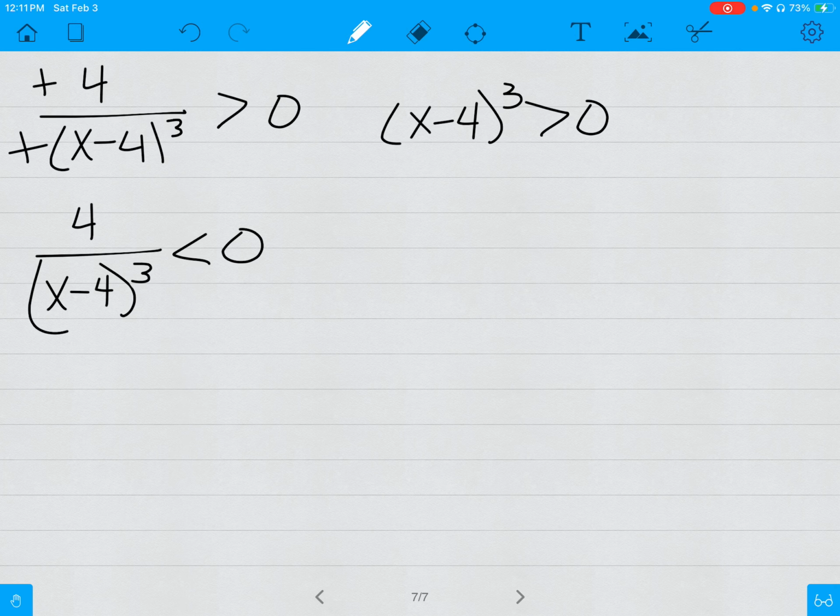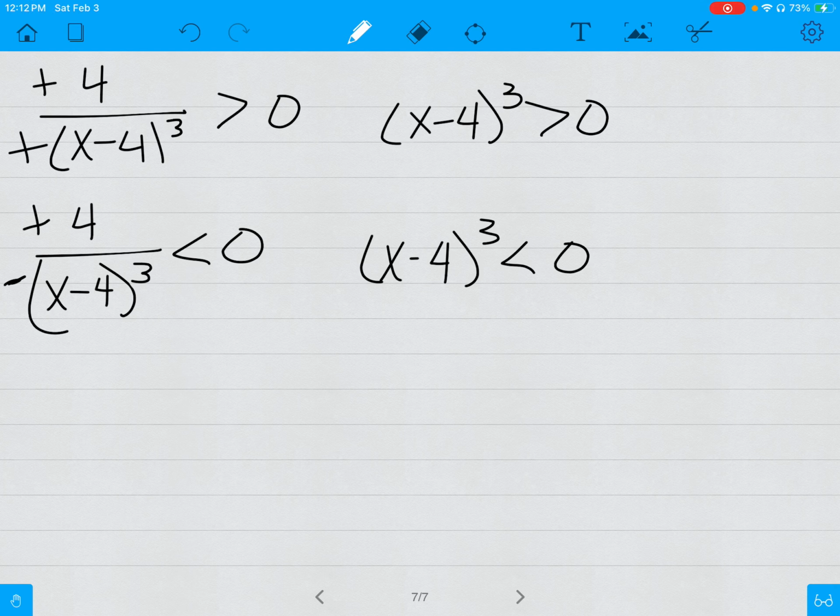Similarly, the one where we're looking for it to be concave down, where is it less than 0? Numerator is positive. This is going to come out to be less than 0 when the denominator is negative. So when x minus 4 quantity cubed is less than 0.